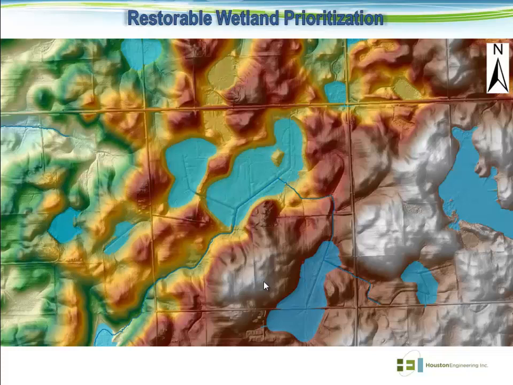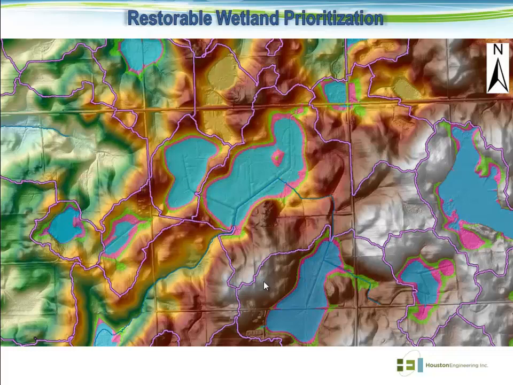So if we have the pre-existing wetland location as well as the hydro DEM where we've accounted for all the reconditioning and all the culverts and bridges and things of that nature across the landscape, we can then take that information and relate it to what the drainage area is to each one of these potentially restorable wetlands in the landscape.